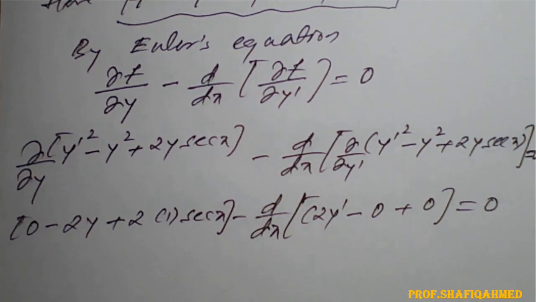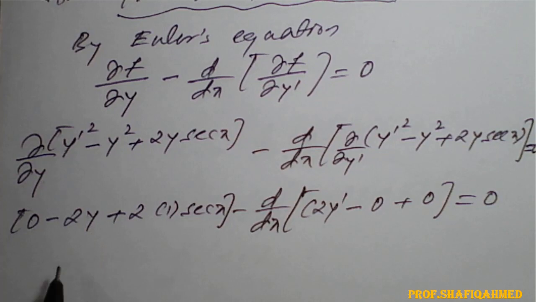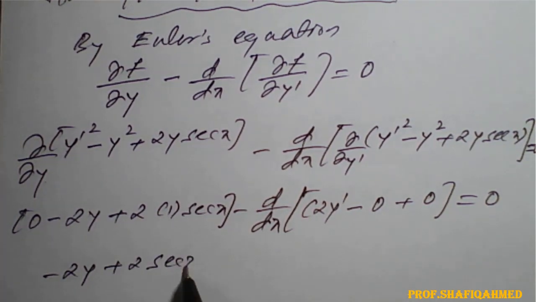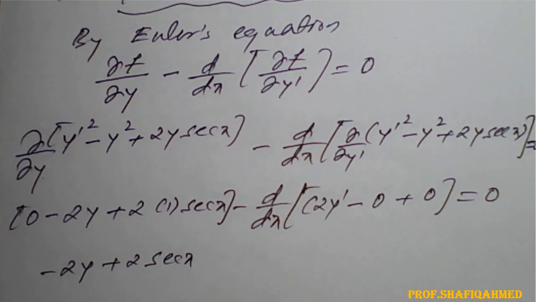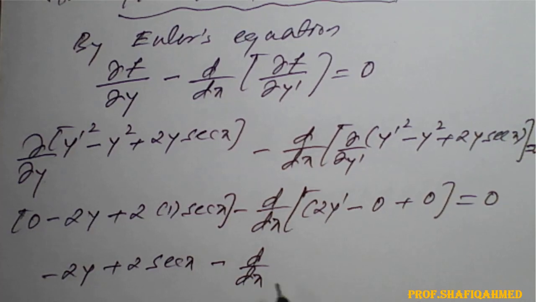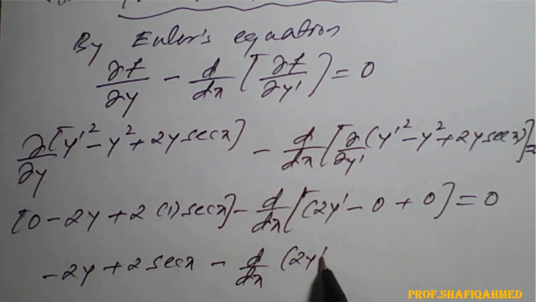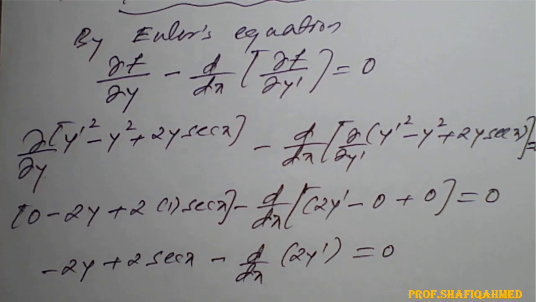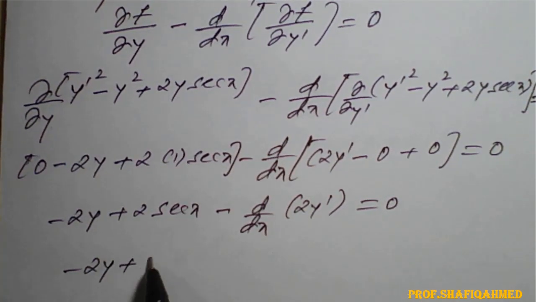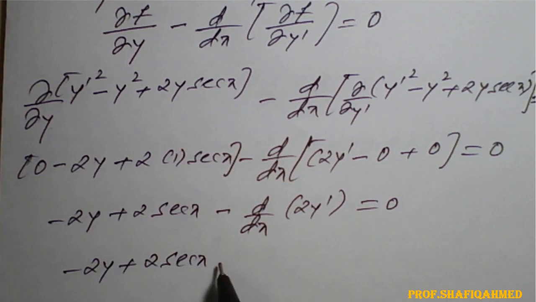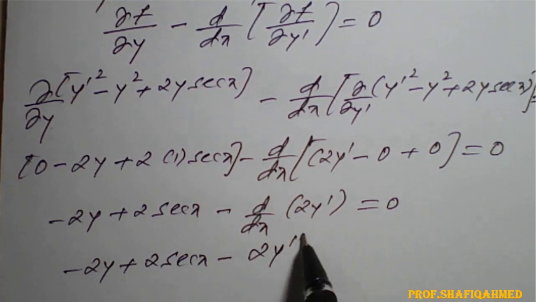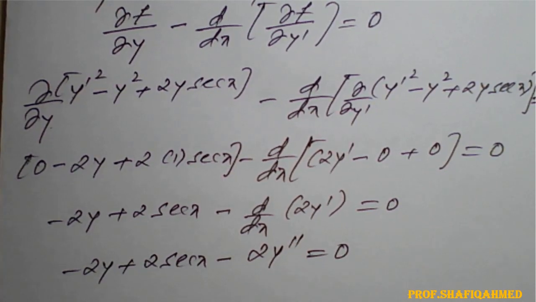Now on simplification, this bracket will become minus 2y plus 2 secant of x minus d by dx of 2y dash equal to 0. So again on simplification, d by dx of 2y dash will become 2y double dash, equal to 0.